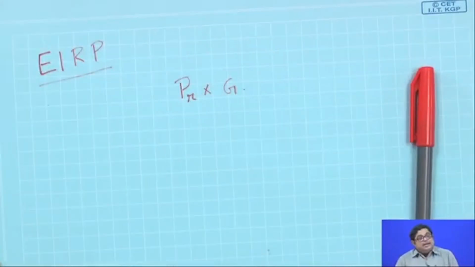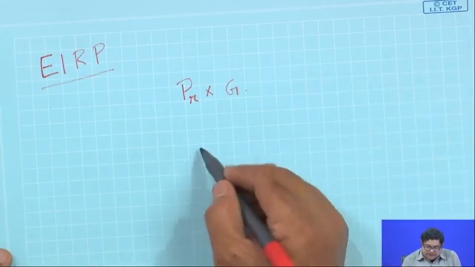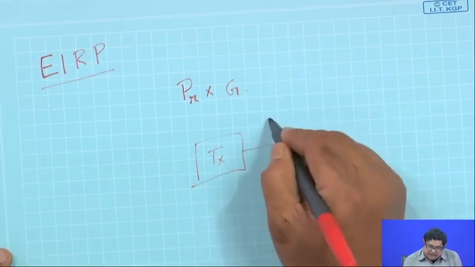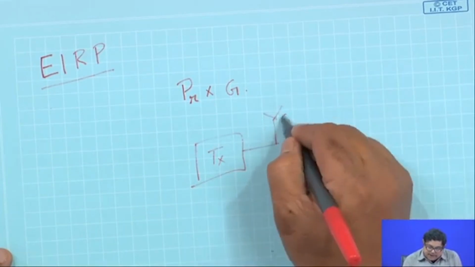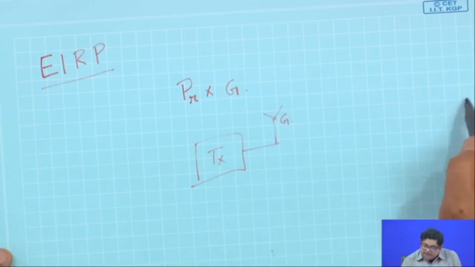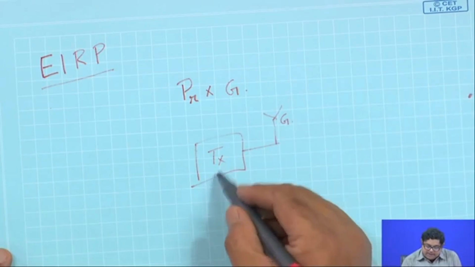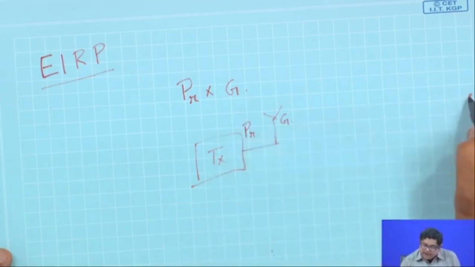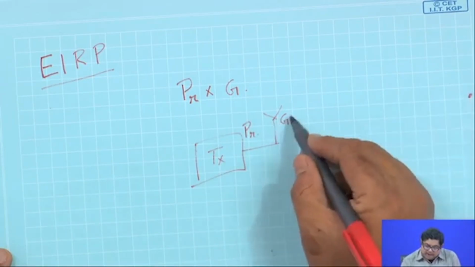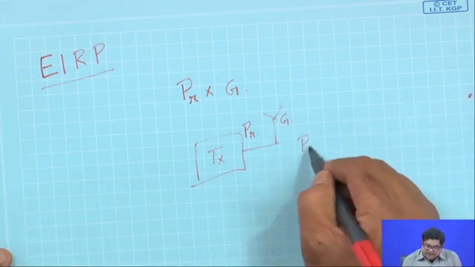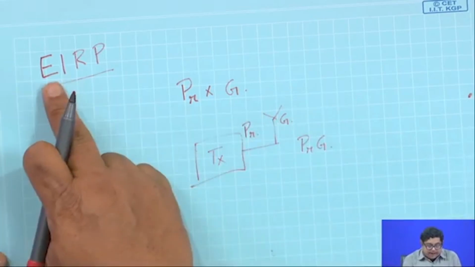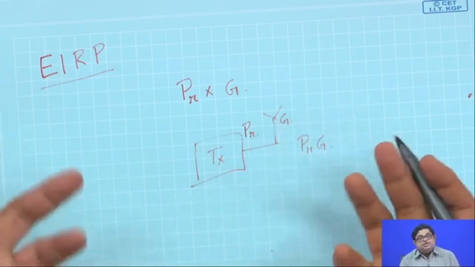because at the end of the day, suppose I have a transmitter and that transmitter has an antenna. That antenna has a gain. In a particular direction, let us say this, the gain is G. So, if this transmitter is giving me power PR, then I am getting a power in this direction effectively as PR into G, as if I have an isotropic antenna.